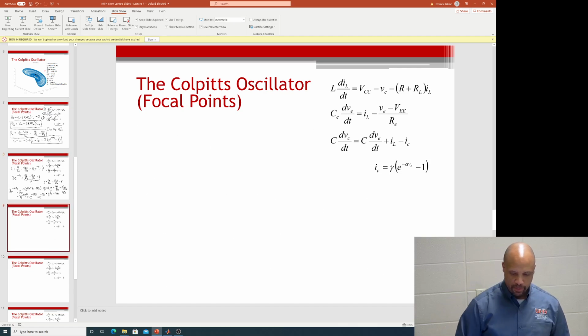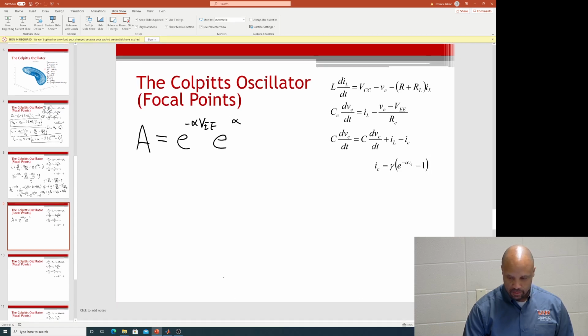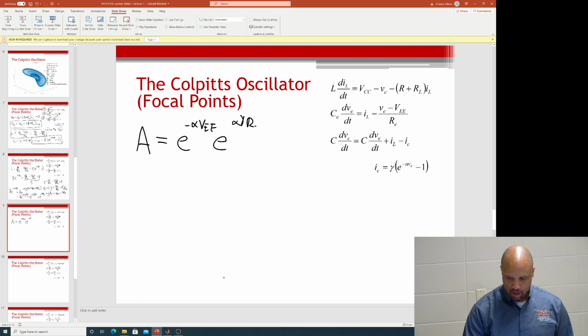So, let's go to the next page. So remember, those are constants. I'm going to call that A. Let A be equal to e to the minus alpha VEE times e to the alpha times gamma times RE.